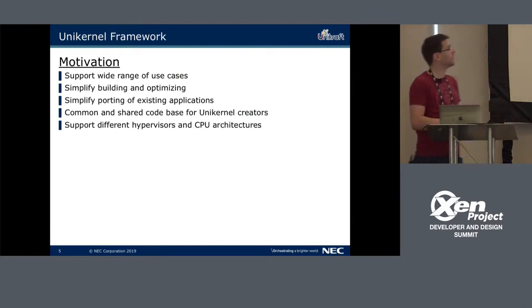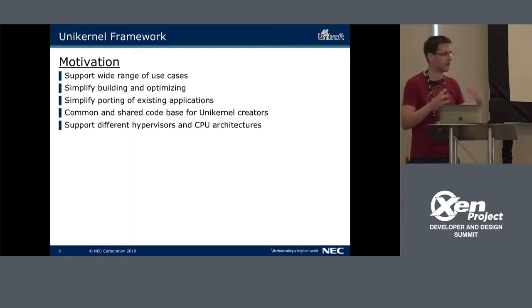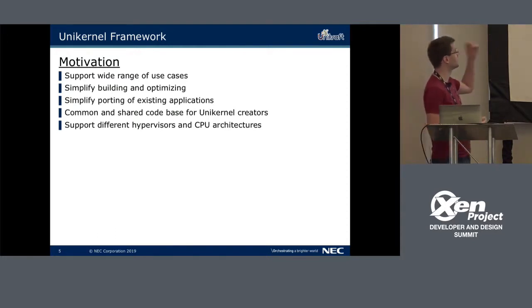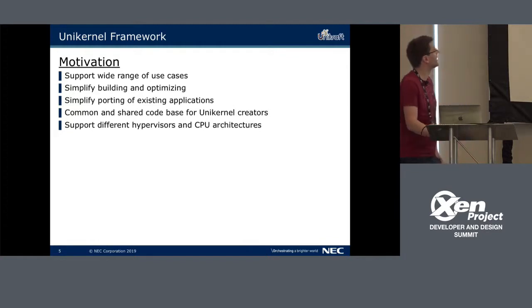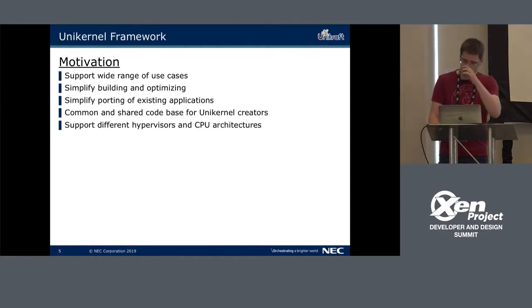We started the Unikraft project because the unikernel projects out there were still hard to use or limited to specific use cases. We wanted something that supports a really wide range of use cases and is feasible for almost all unikernel projects. Another motivation was to simplify the building and optimizing process, and to simplify porting of existing applications.